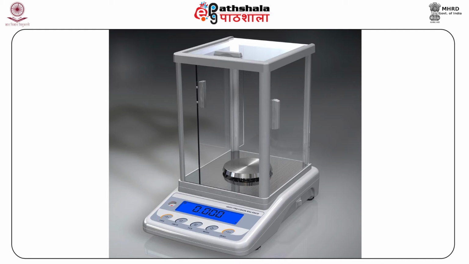The most noticeable is the ease with which a measurement is attained. All that is required is to place an entity on the balance pan, and the measurement can be observed on the display monitor to the hundredth of a gram.